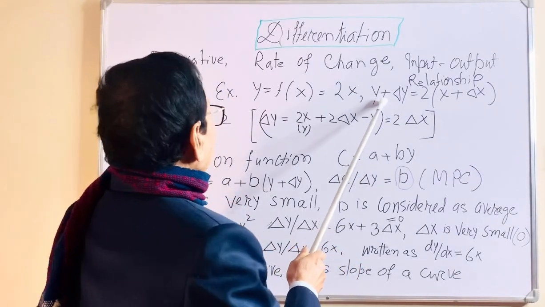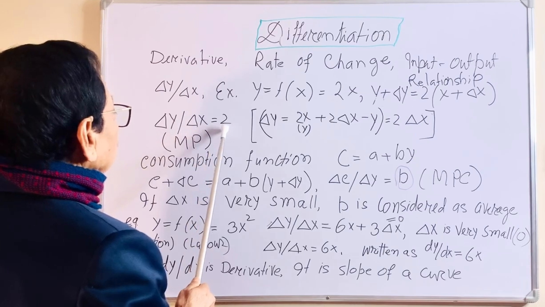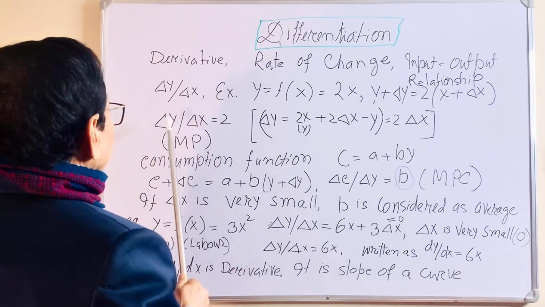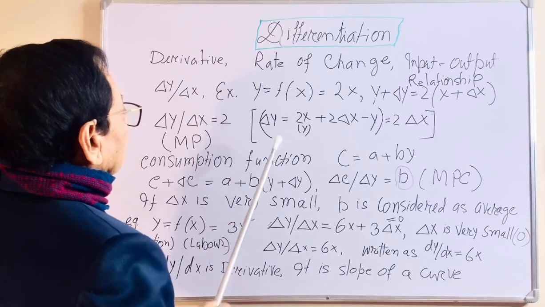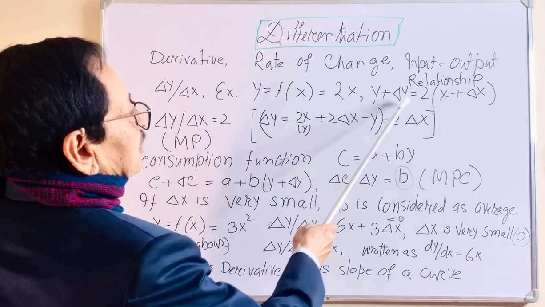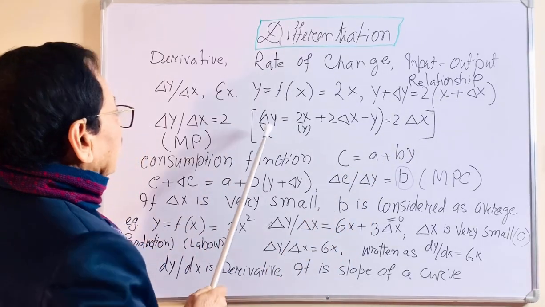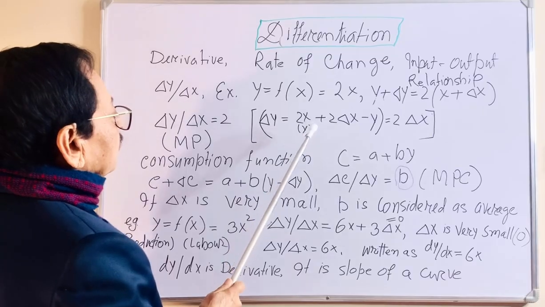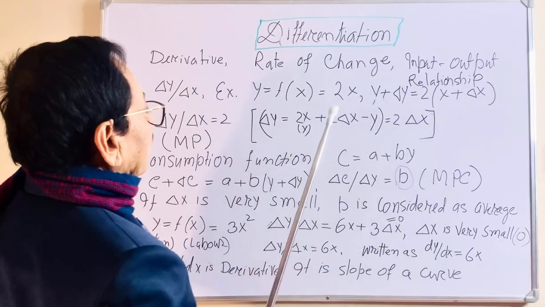Now delta y by delta x is equal to 2. How? If we remove the bracket and simplify, delta y is equal to 2x plus 2 delta x minus y.